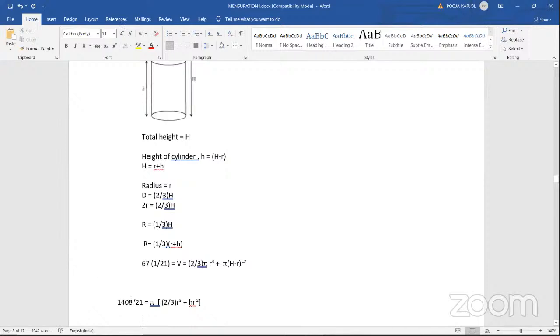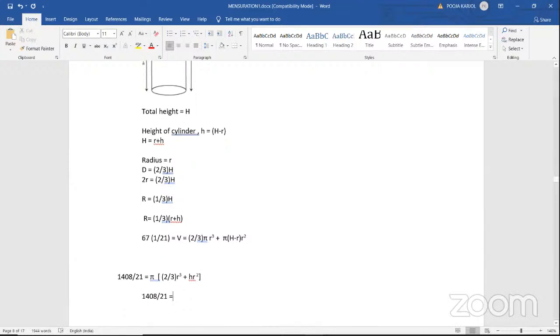If I write the value of pi instead of the word pi, this will be equal to 22 by 7 into, I'll take the r also outside, 2 by 3 remains inside into r plus h.